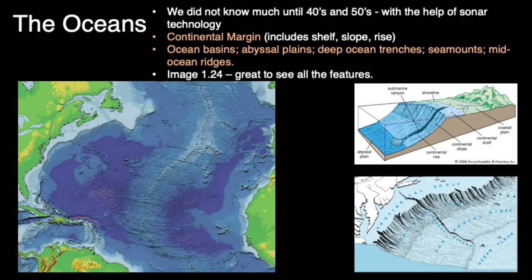Another feature from the ocean basins that we have are the mid-ocean ridges, and that's probably one of the most prominent features that we see in the ocean floor. These mid-ocean ridges are broad elevated features that form a continuous belt around the globe. It's sometimes hard to see how this belt is connected, but in certain areas it's more prominent than in others. For example, in the Mid-Atlantic Ridge, or how it expresses itself there.